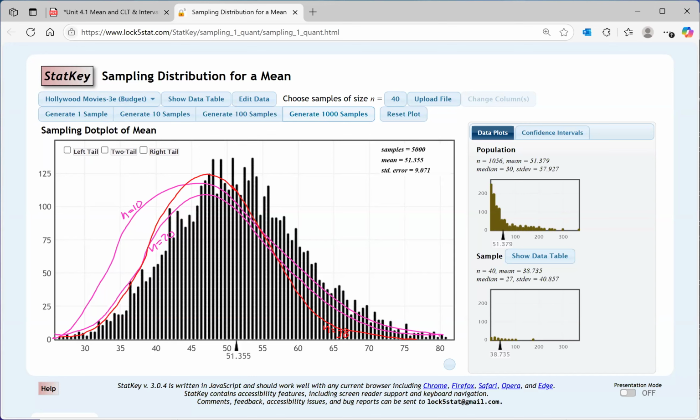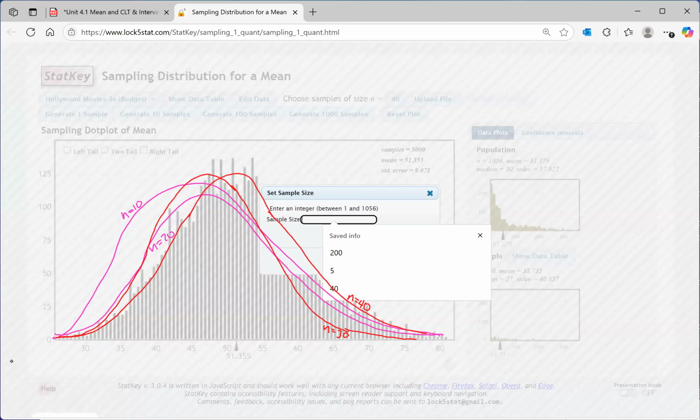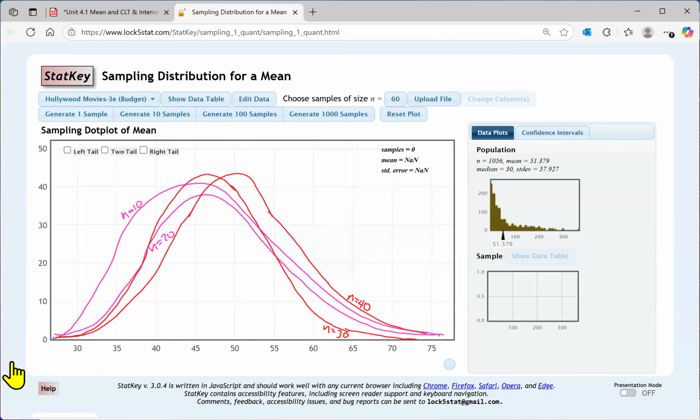So now let's go ahead and take a look at the shape. All right, let's go ahead and clear this. So let's put sample of 60. Okay. All right, and you can go ahead and sample this, but if you simply look at these curves, you can see that the pink ones, 10, 20, are definitely skewed to the right.